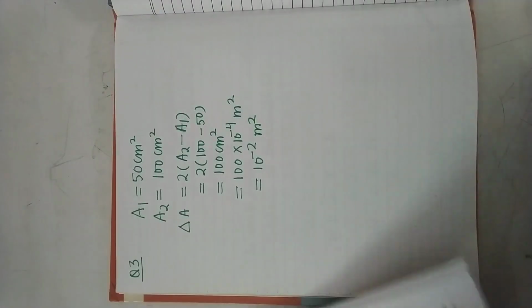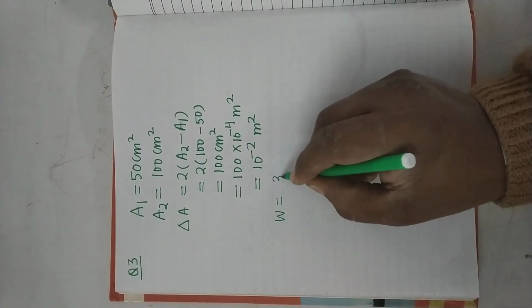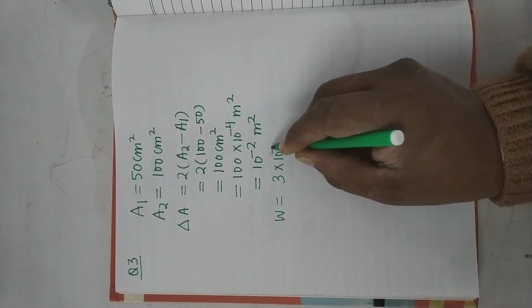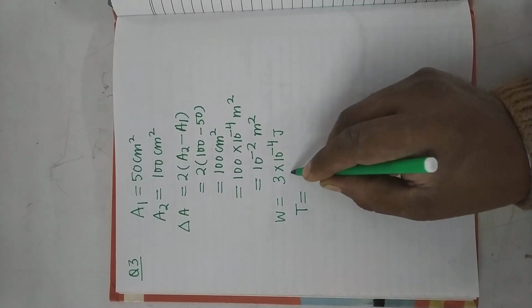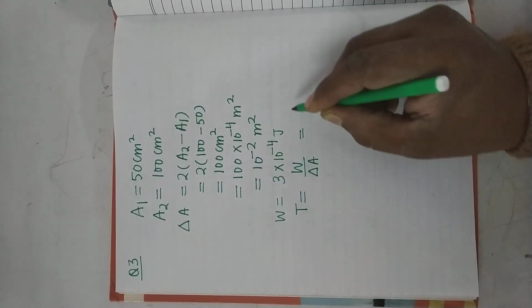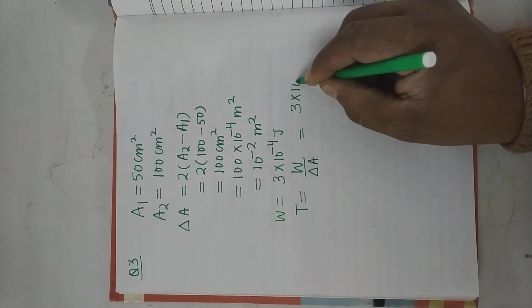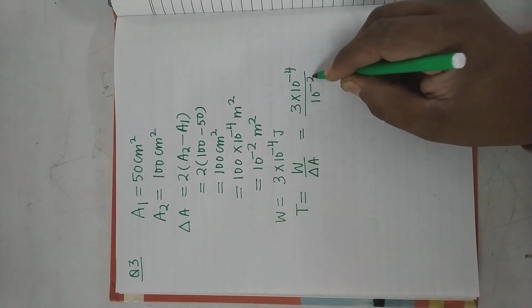You have to find the surface tension. Work done equals, all of you see the question in your book, 3 into 10 to the power minus 4 joule. Therefore surface tension T equals W upon delta A. So 3 into 10 to the power minus 4 upon 10 to the power minus 2.